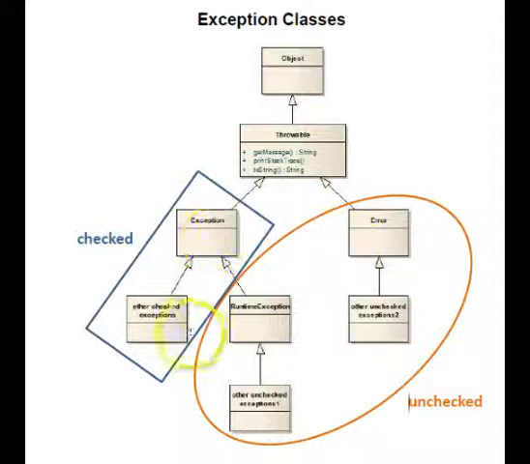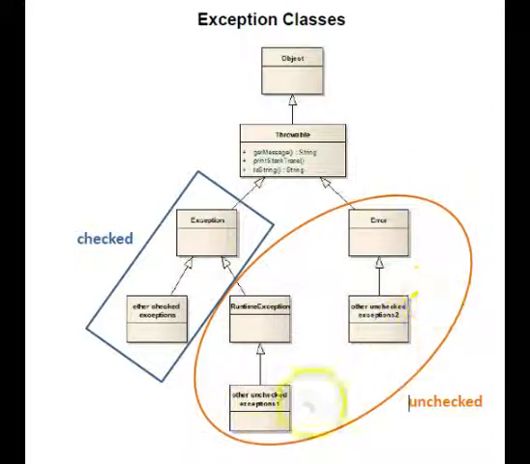From Exception, there is RuntimeException, and those are the main three exception classes: the Exception class, the Error, and the RuntimeException. Underneath RuntimeException and Error, there are many other classes that inherit from them, just as from Exception there are other classes that inherit from it that are not under Runtime.